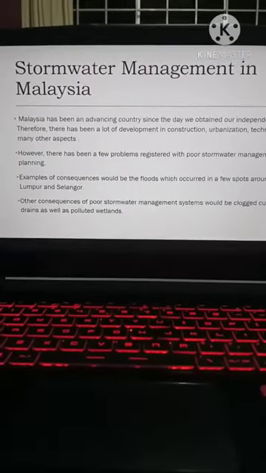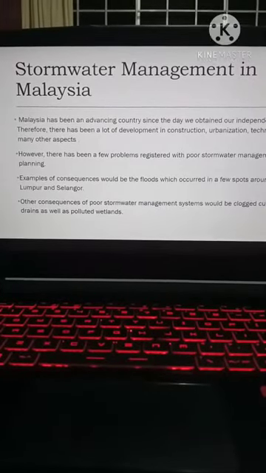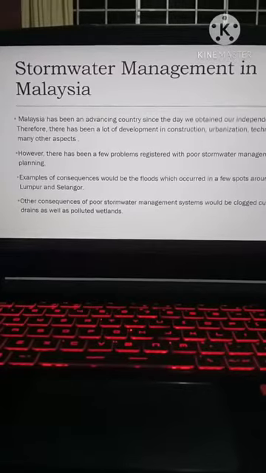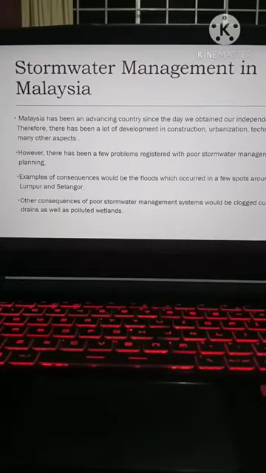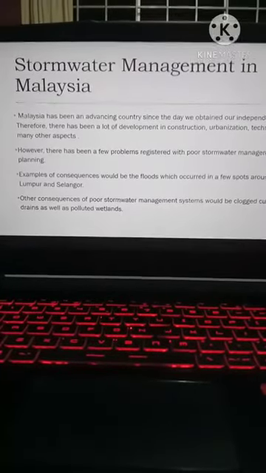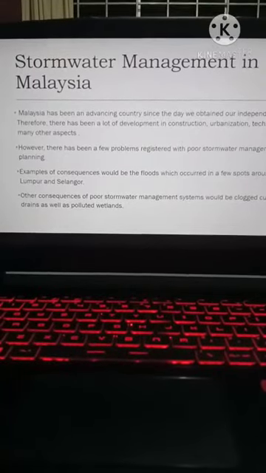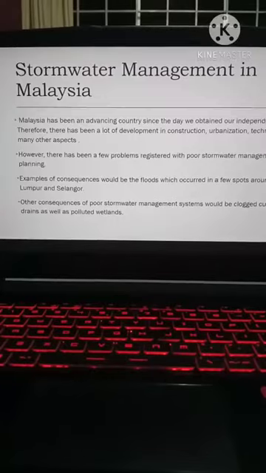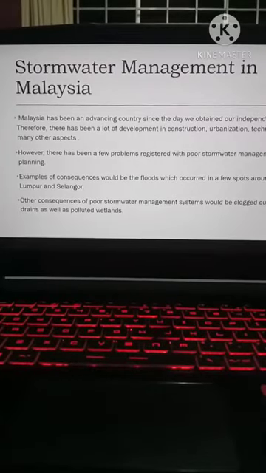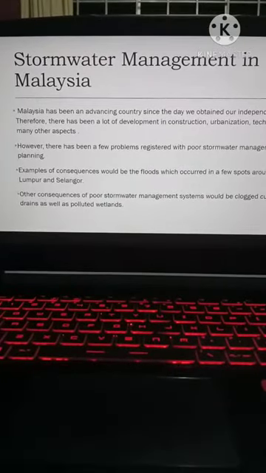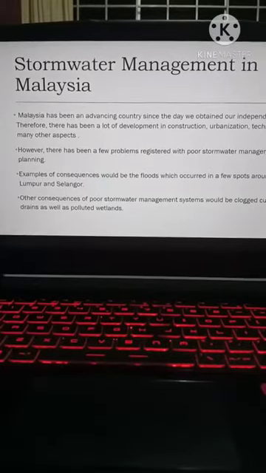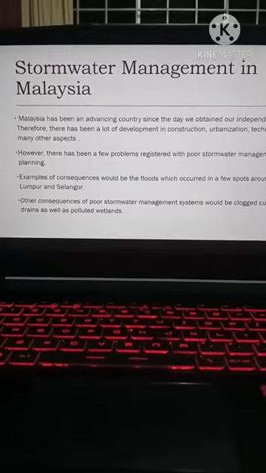Examples of consequences would be the floods which occurred in a few spots around Kuala Lumpur and Selangor. This has been happening since a few decades back and even this year. Other consequences of a poor stormwater management system would be clogged culverts and drains as well as polluted wetlands. Sometimes these consequences could also result in silty rivers and other water bodies.